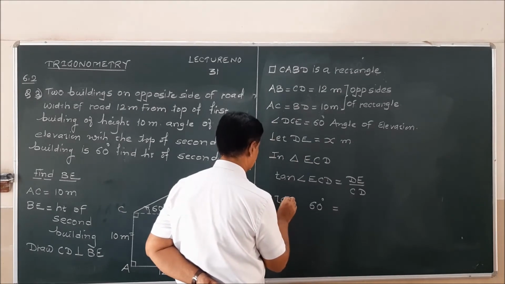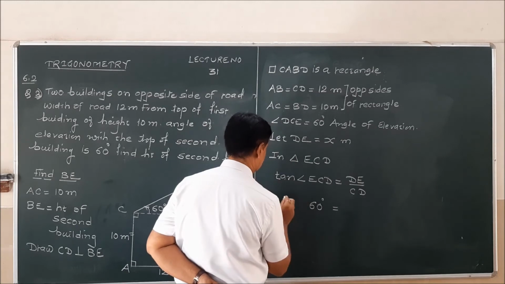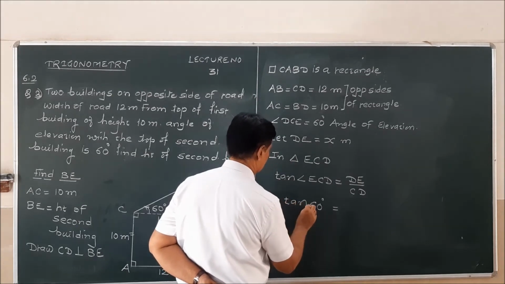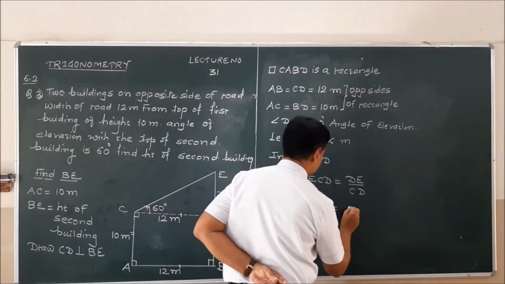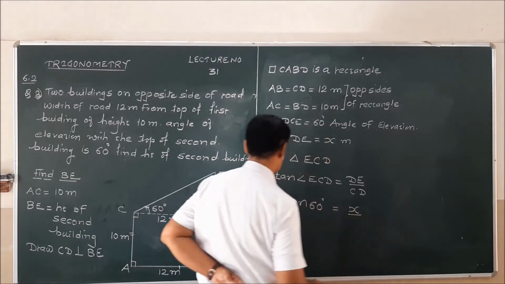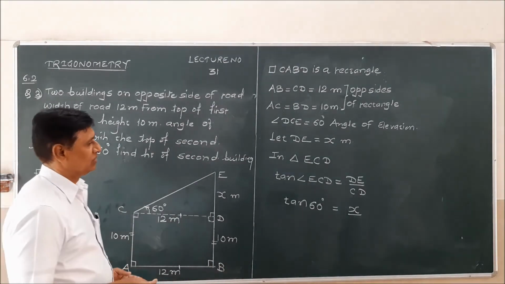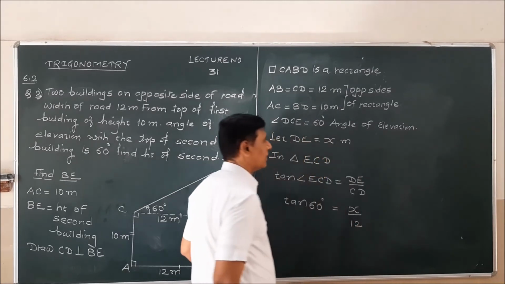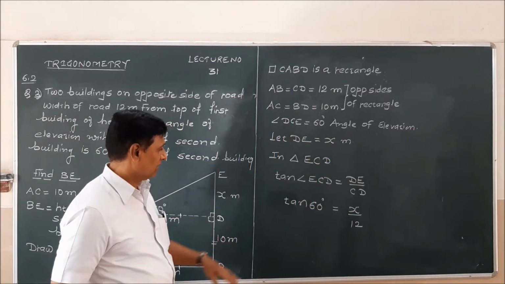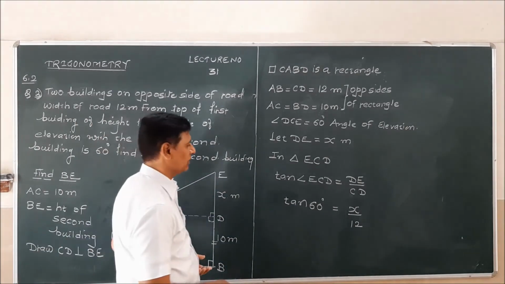Tan 60 degree is equal to DE, which is X, upon CD. CD is 12. So X upon 12. What is the value of tan 60? Tan 60 is root 3.